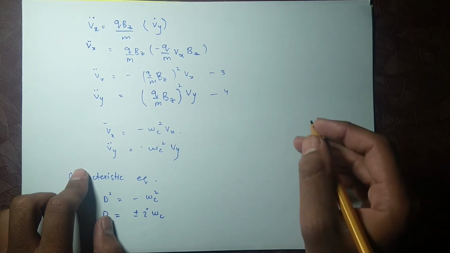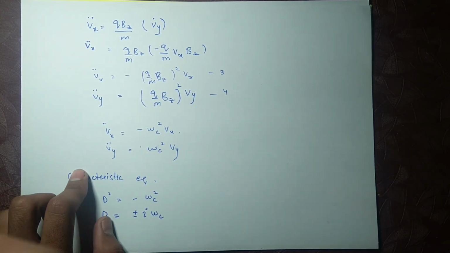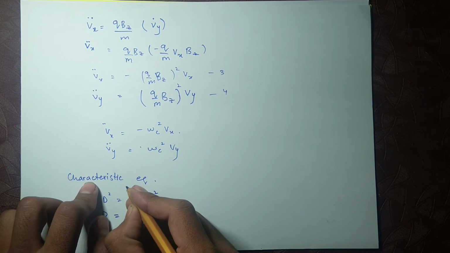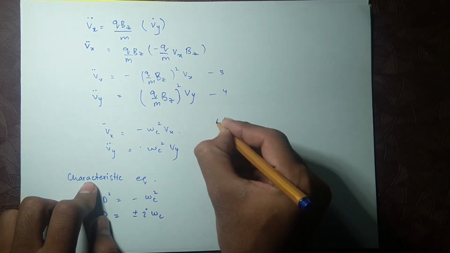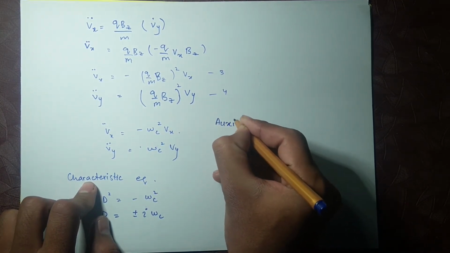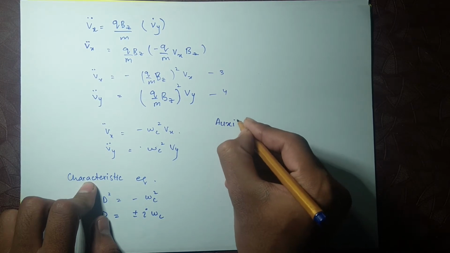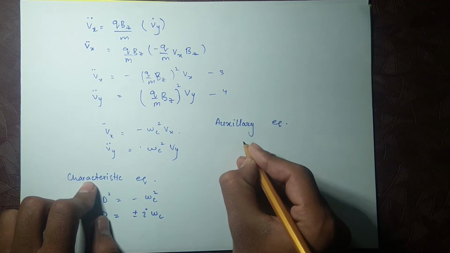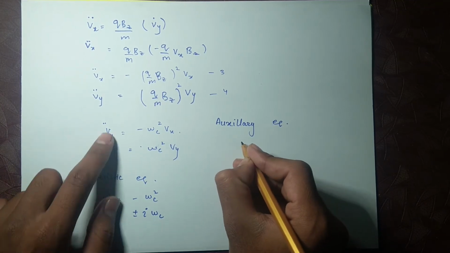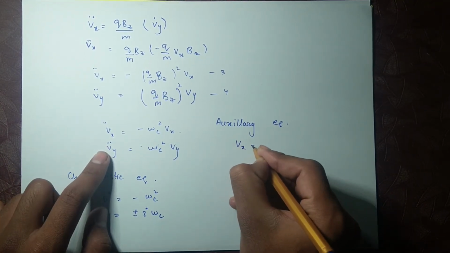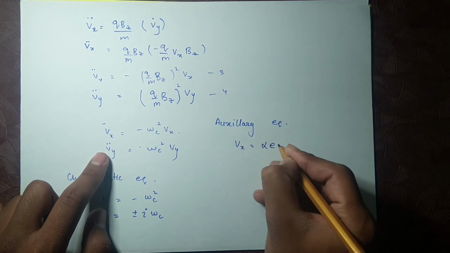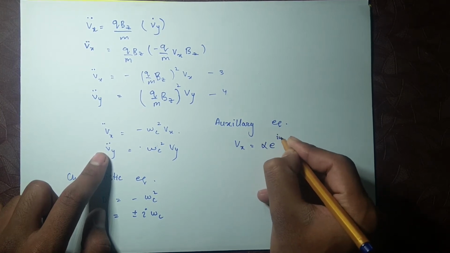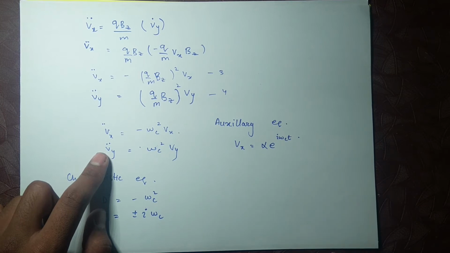So let's go for the auxiliary equation of this characteristic equation. The auxiliary equation for this will be: v of x equals alpha e power iota omega c t.